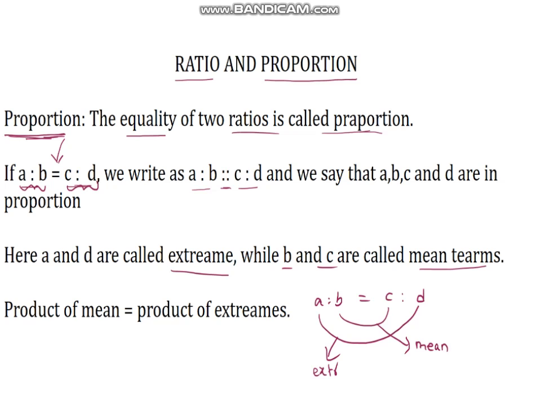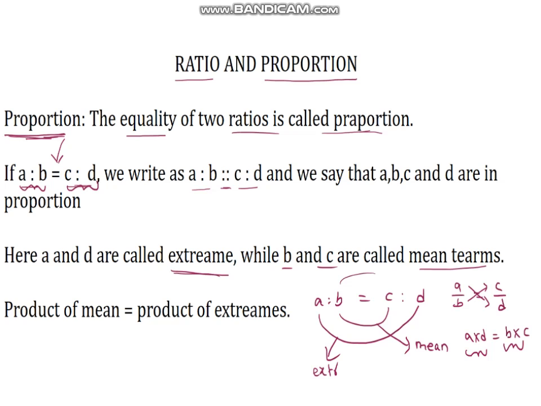And we write it as fractions like this: A by B equals C by D. We do cross multiplication here. A into D equals B into C. See here, what is this? These are the extremes and these are the means. A and D are called extremes.